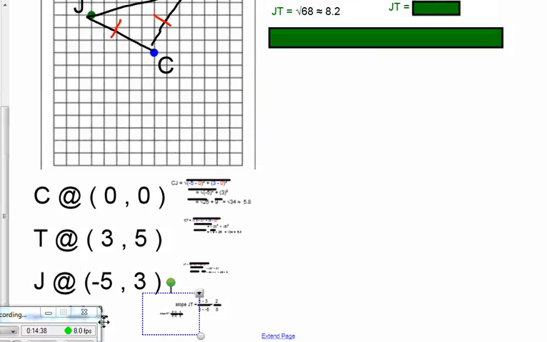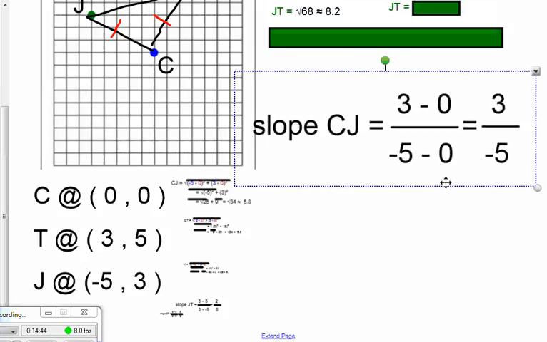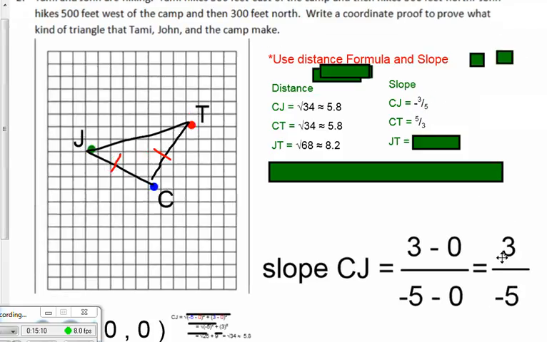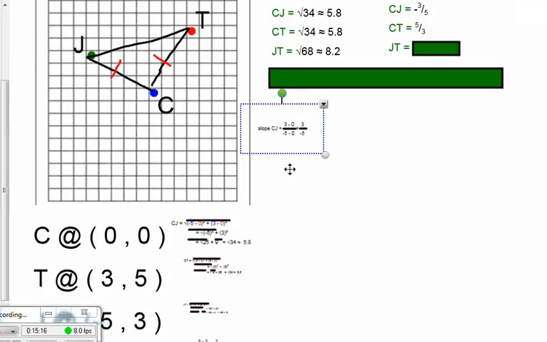We'll do the slope from Camp to John, so from here to here. Again, y2 minus y1, so 3 minus 0 is 3. x2 minus x1, so negative 5 minus 0 is still negative 5. Positive 3 divided by a negative 5 is a negative 3/5. Remember, you're thinking of this whole fraction as being a negative number. So negative 3/5 is that slope.